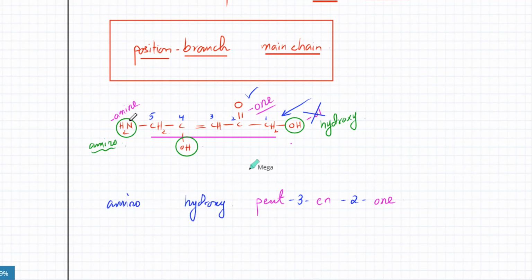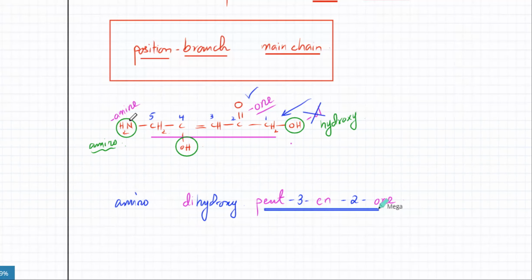And once you've written them, you have to give the positions. Now, hydroxy would become dihydroxy because there are two of them, right? You can either write hydroxy twice, which would just consume a lot of space. Dihydroxy is better. That will tell you that there are two hydroxy branches and one amino branch, and you give the positions. The amino is attached at carbon number 5, so this is going to be 5-amino, and the hydroxy branches are attached at carbon number 4 and carbon number 1.